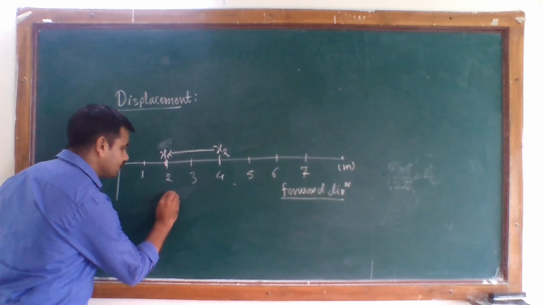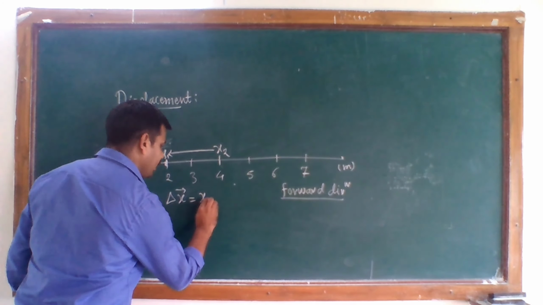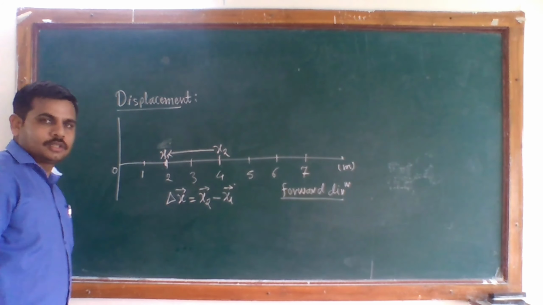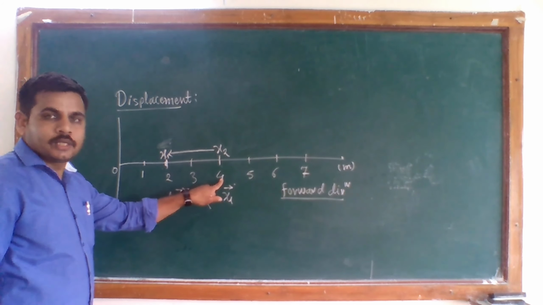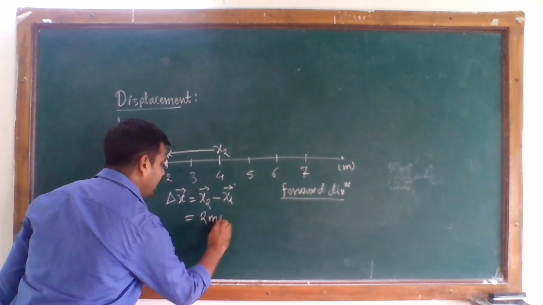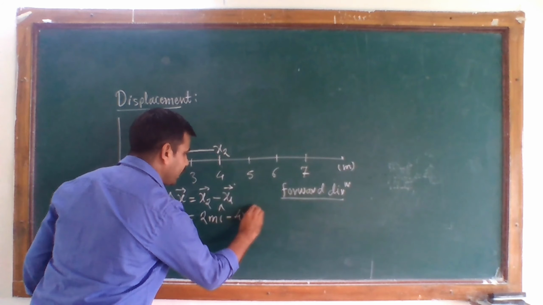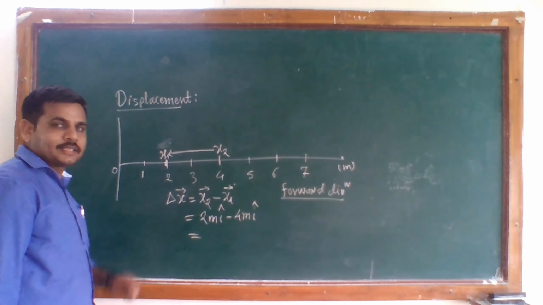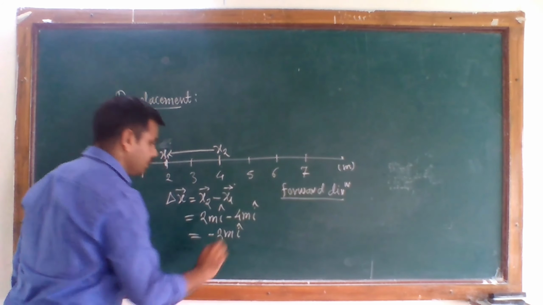Your delta x is x2 minus x1. Your x2 is 2 meter, x1 is 4. So we can write 2 meter i cap minus 4 meter i cap. The resultant delta x is equal to minus 2 meter i cap.